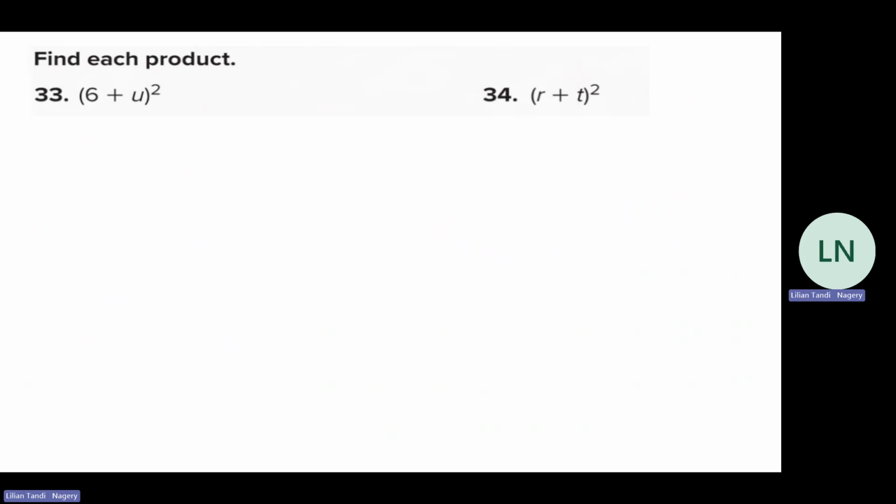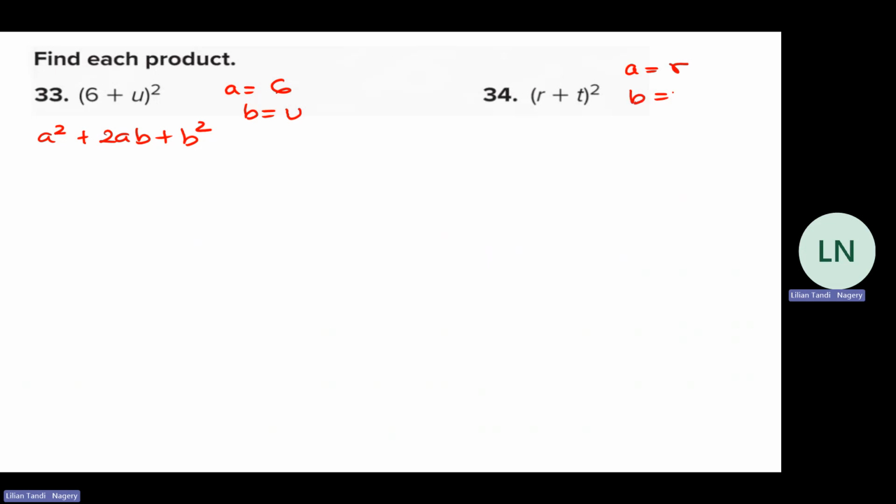Lazim, equal signs. Okay, so this becomes which Kanun? A squared plus 2ab plus b squared. Your a is 6, your b is u. The same thing here.